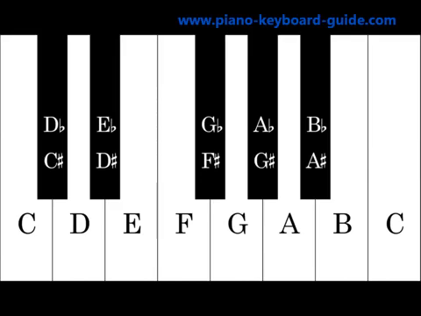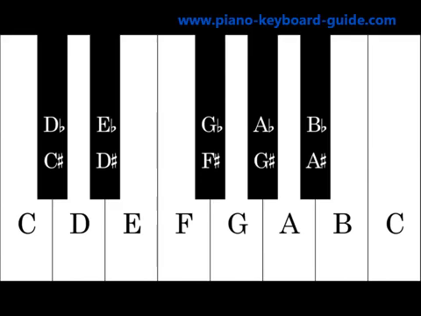In simple terms, sharp means to go higher, while flat means to go lower. Flat indicates moving to the left of your piano, while sharp indicates moving to the right.